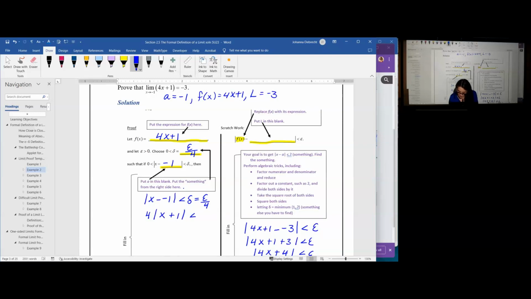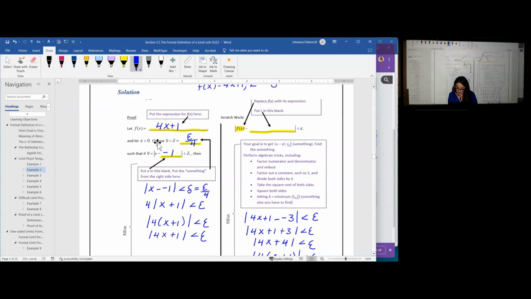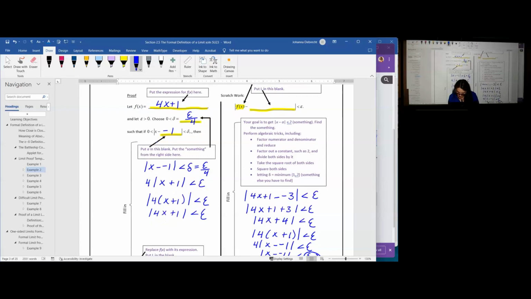Rewrite my minus negative 1 as plus 1. Next step, pull the 4 inside the absolute value. I'm going in total reverse to what I did on the right side. And then I'm going to distribute the 4. And then I'm going to get it in the form of f of x minus L. And my L was negative 3, so I need minus a negative 3.